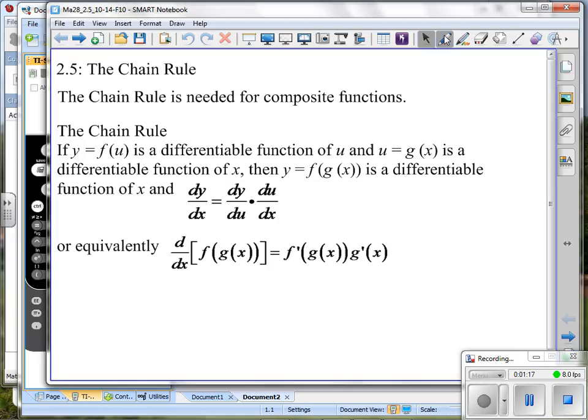If we look at functions f of x and g of x, and I say I want you to build a composite function of those, and we're going to call the result h of x, what would be our way of expressing a composite using f of x and g of x?